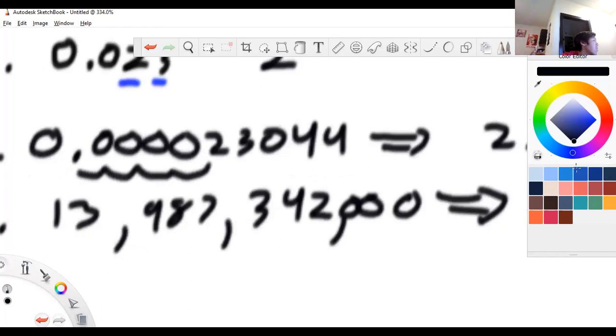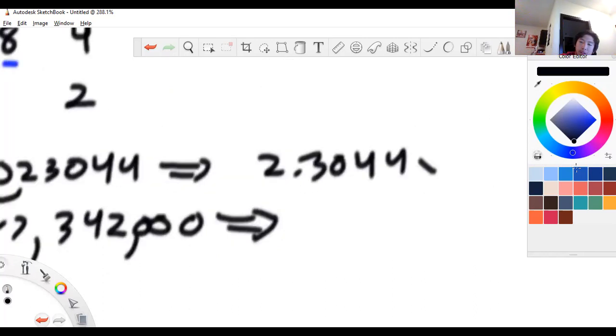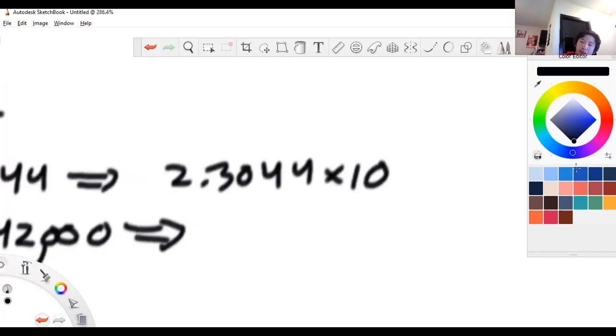Get 5 spaces, which means it's going to be 10 to the negative 5th.